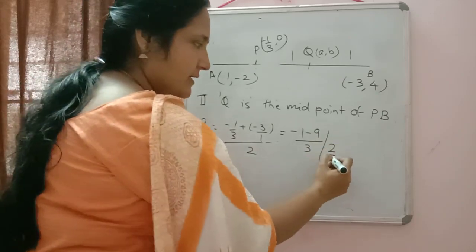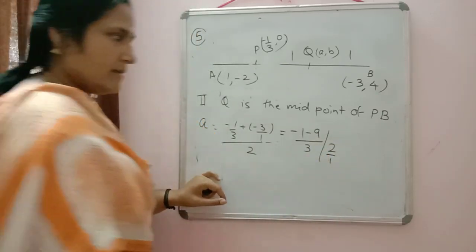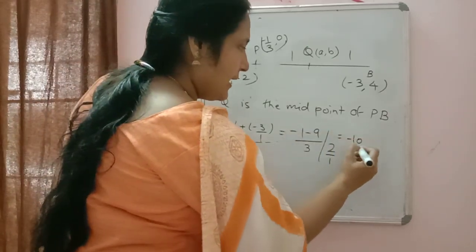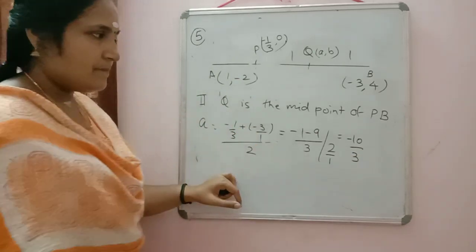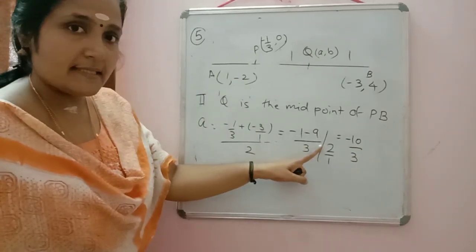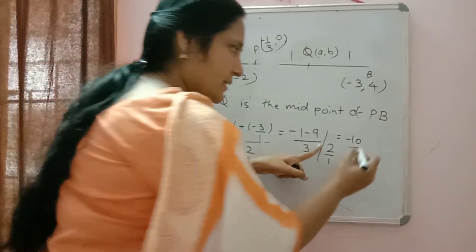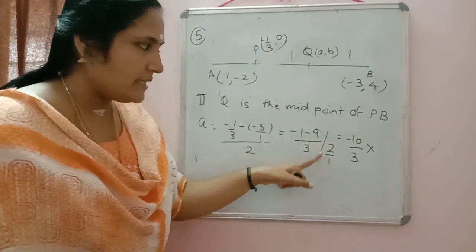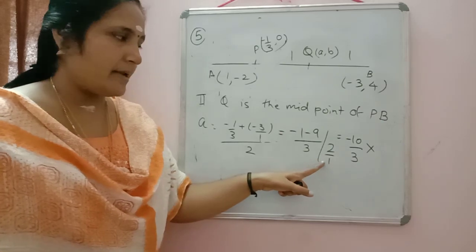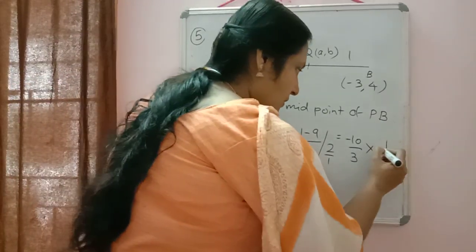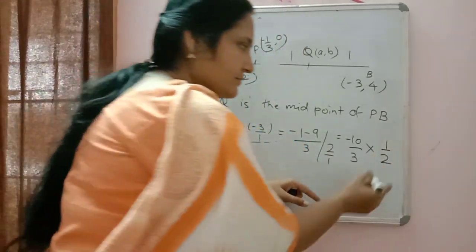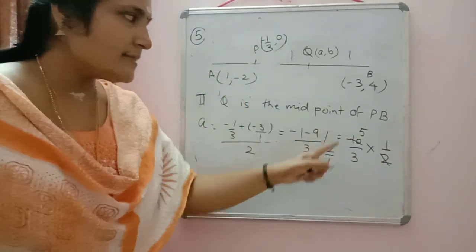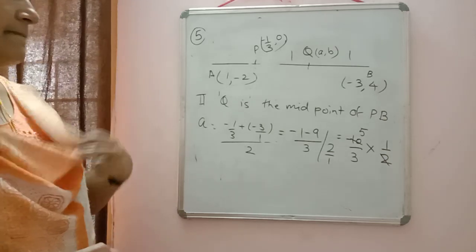If nothing is there, it can be written as 2 by 1. Minus 1 minus 9 will be equal to minus 10 by 3. Now we are going to change this division into multiplication. When we change the division into multiplication, we take the reciprocal of the number. So it will be equal to 1 by 2. Again here we will get cancelled. We will get minus 5 by 3.